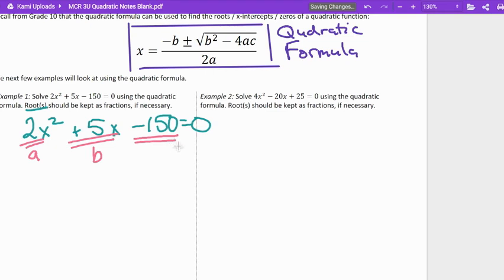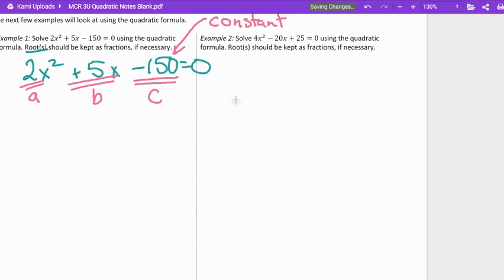It starts with a c. Okay, a number that doesn't have a variable is called a constant. You were going to say it? Oh, you would have gotten points. Because that value never changes. All right, so we've got our a, b, and c. Now we write out, now actually we might need to, so we don't switch anything. So a is 2, b is 5, and c is negative 150.